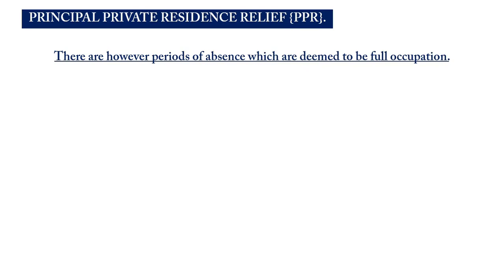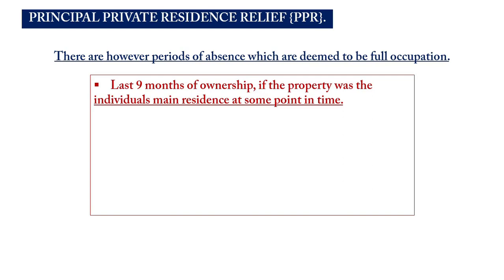Meaning, if you occupy the house less than it was unoccupied, the relief will be lesser. But if you occupied it more times, the relief will be more. The first of it is that the last 9 months of ownership before the house was sold, whether the owner occupied it or not, it will be deemed to have been occupied.